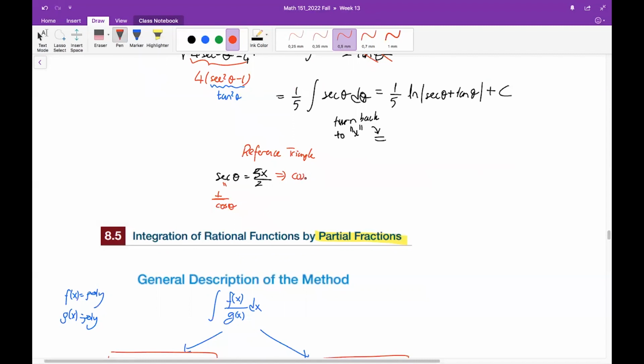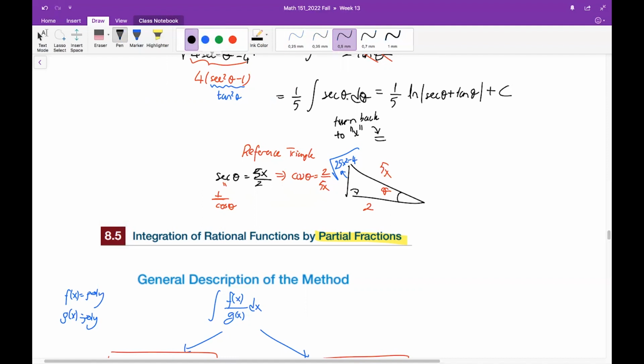That's why cosine theta is 2 over 5x. And this trigonometric information is enough to draw a reference triangle here. We will draw a very nice right triangle where this angle is theta, then cosine means adjacent edge divided by the hypotenuse. That's why the opposite edge is computed as the square root of 25x squared minus 4.